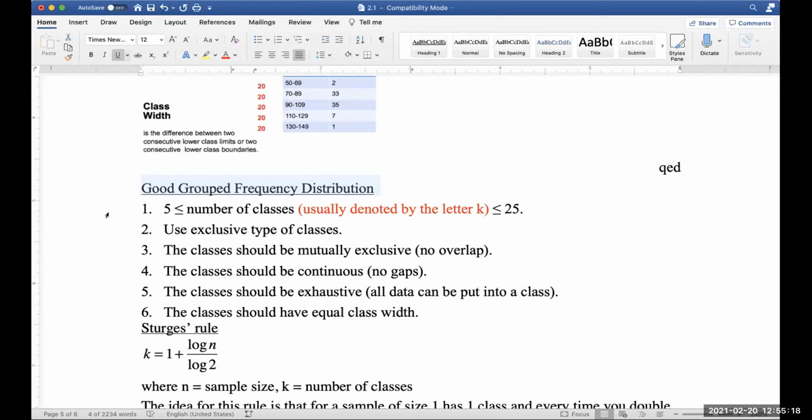You should use exclusive type classes if possible. The classes should be mutually exclusive, continuous, and exhaustive. And they should have equal class width. So there is no one technique that you can use that's applicable for all data.